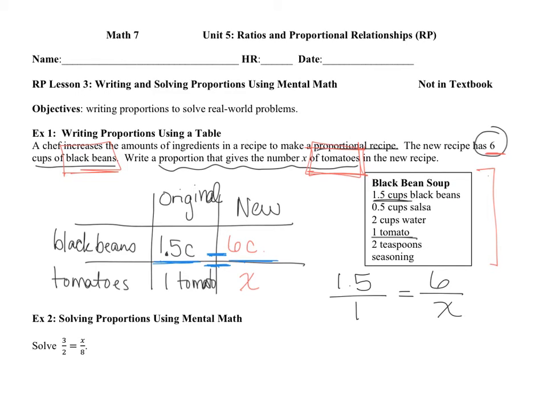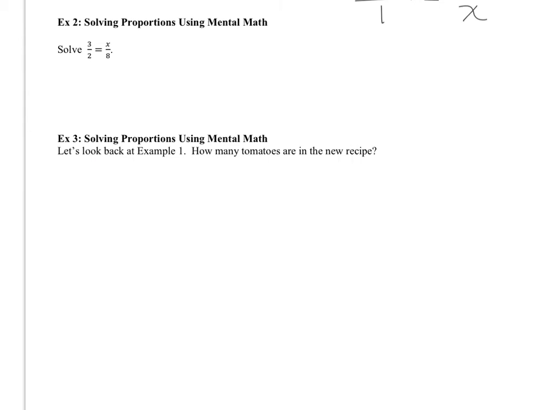That's the proportion that we're going to need to set up and solve, and we'll do that here in a little bit. So 1.5, talking about black beans in the original recipe to the tomatoes in the new, over 6 cups of black beans and however many tomatoes we need in the new recipe. This is my proportion, and that's what we'll figure out how to solve here in a second.